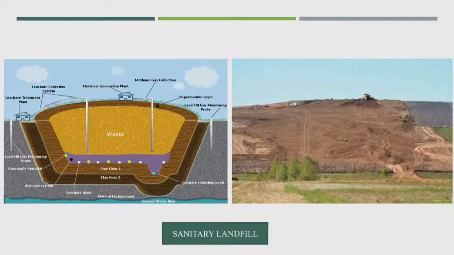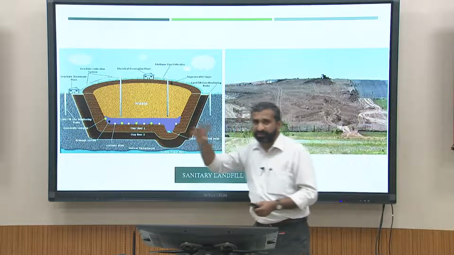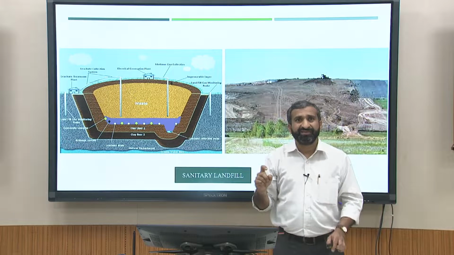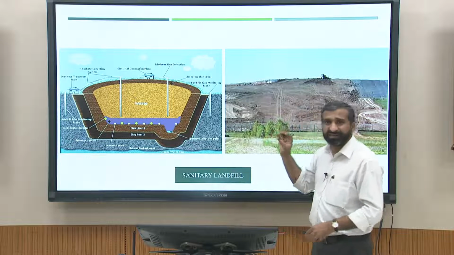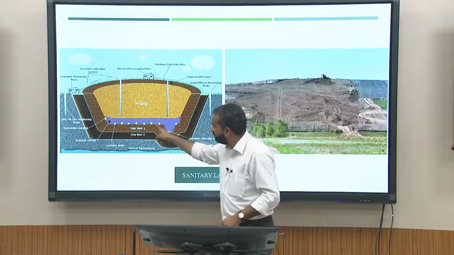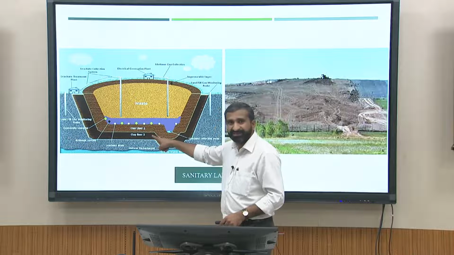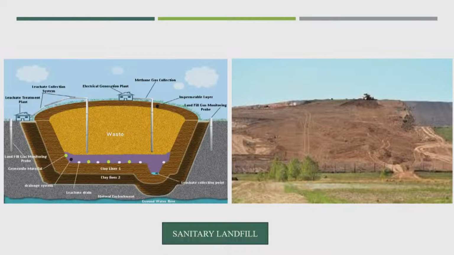Once we have proper segregation in a sanitary landfill, the waste is disposed of, and there are two major issues with the landfill area. One is leachate production, the other is polluted gas production. Leachate is properly collected, with a clay liner at the bottom, and then treated properly.